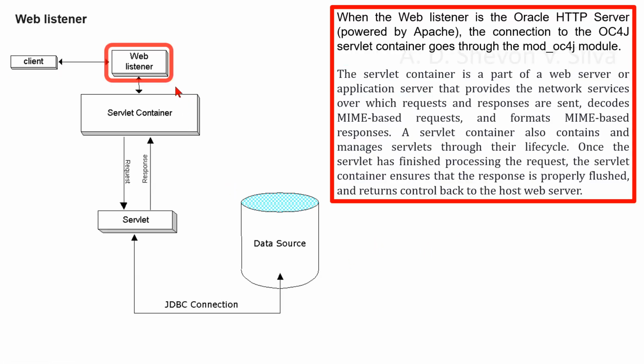Now we are focusing on the web listener. When the web listener is the Oracle HTTP Server powered by Apache, the connection to the OC4J servlet container goes through the mod_OC4J module.